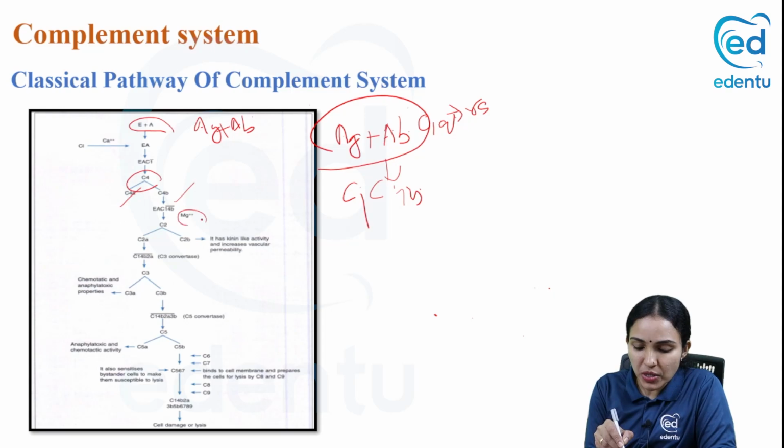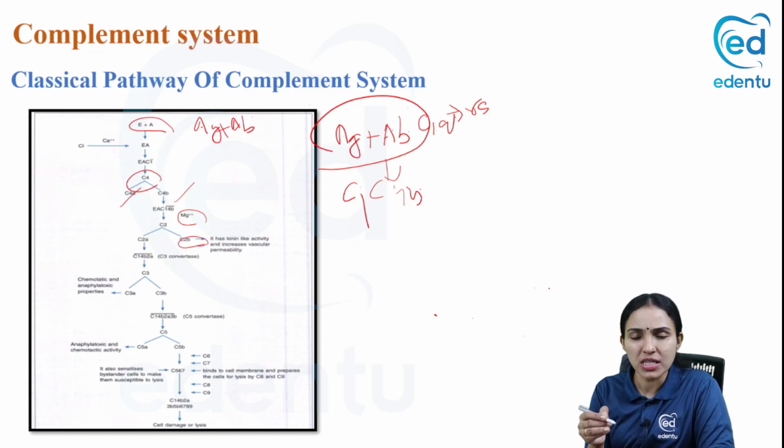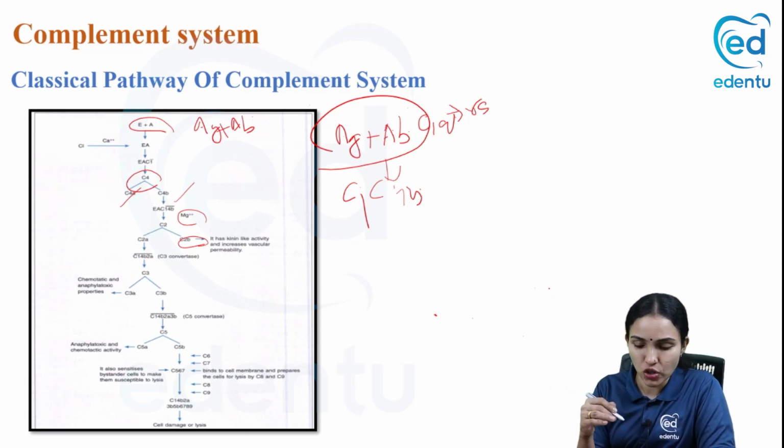Now this, in presence of magnesium, will cleave C2 into 2A and 2B. The only exception to what I mentioned before is C2. In case of C2, it is the 2A component that is joining the cascade and 2B is being removed. For all other components, it is the A component that is removed and the B component that is joining, except for C2, where the B is removed and A gets joined into the cascade.